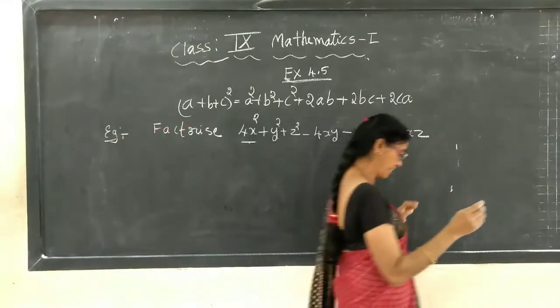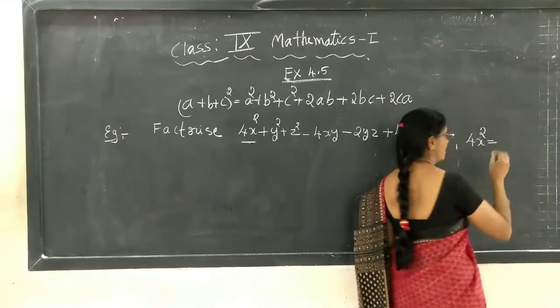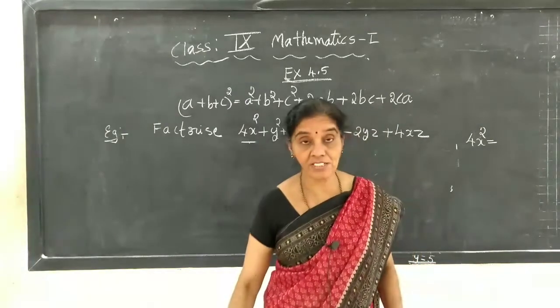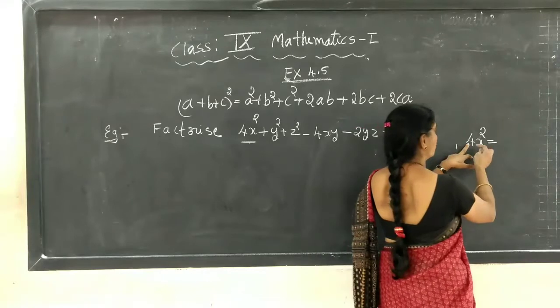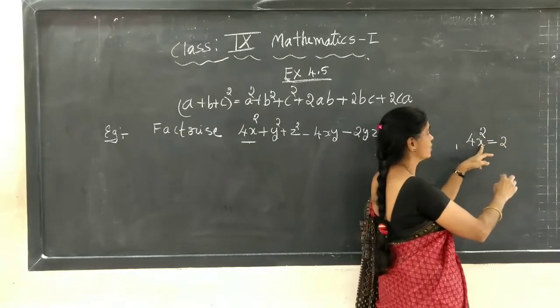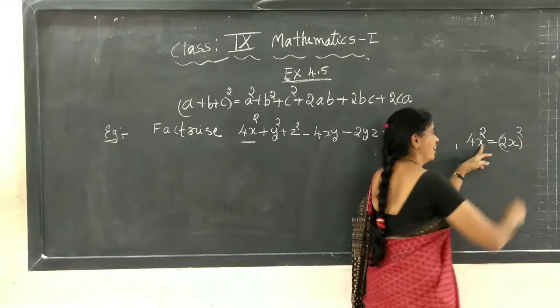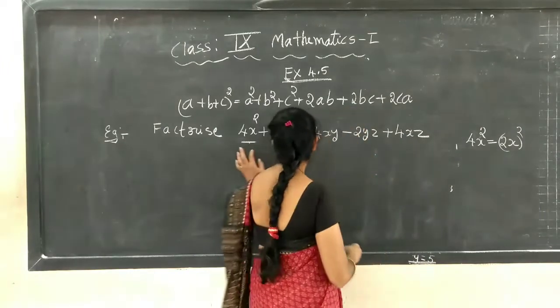How to write 4x square in the form of a square number? 4x square is nothing but, it is which square? The square number of 4: to get it, you have to take 2. 2 square is 4 and for x square you have to take x. So if you take (2x) square, it is 2x into 2x, you will get 4x square. It is a square.